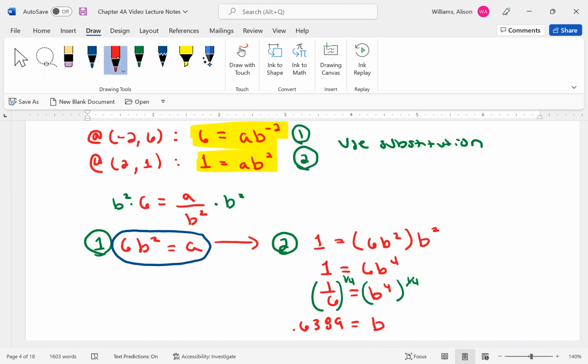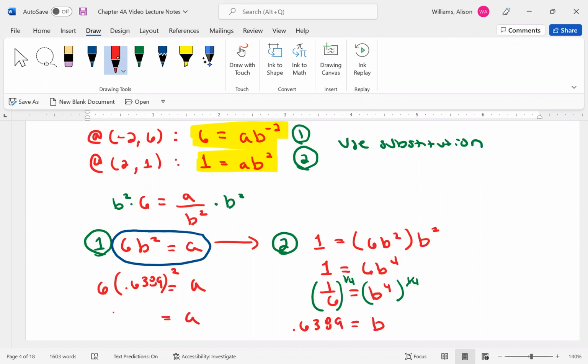So a is 6 times b squared, and I just figured out that b is 0.6389. If you have it in your calculator still, take your decimal and square it, times it by itself, or if you have the exponent button, just do squared. From that, I got 0.482, which now I'm going to times by 6.